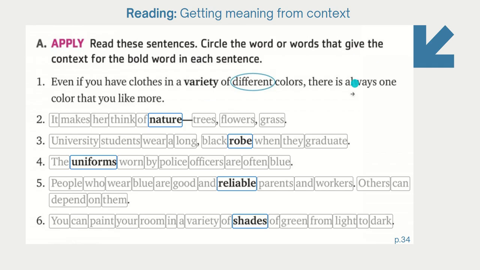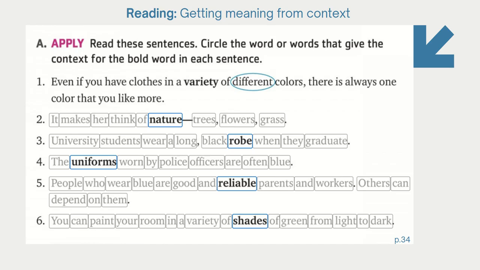And then you can see another context: there is always one color. So it means that you have many different colors, but there is usually one color that you like more. So you need to understand the whole context from the sentence, and then you will get the meaning by guessing the word. All right. Next, number 2. Number 2 is: it makes her think of nature, trees, flowers, and grass.